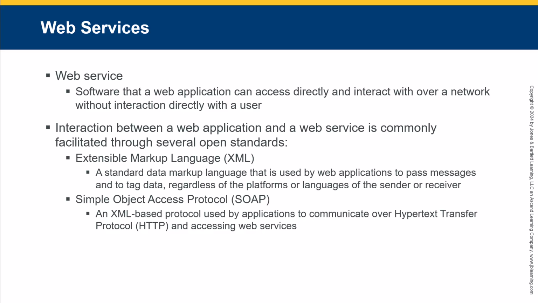XML is a standard data markup language that is used by web apps to pass messages and tagged data regardless of the platform between a sender and receiver. SOAP is the Simple Object Access Protocol, which is an XML-based protocol used by applications to communicate over HTTP and access other web services.